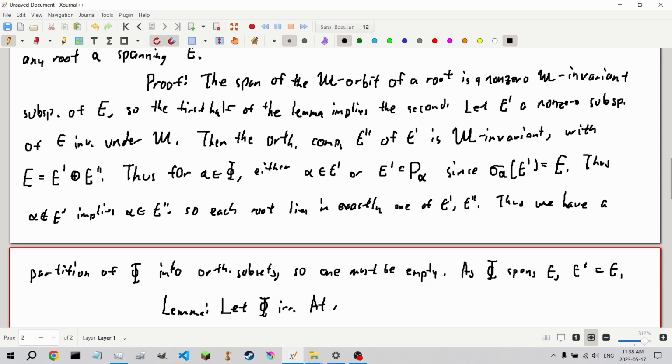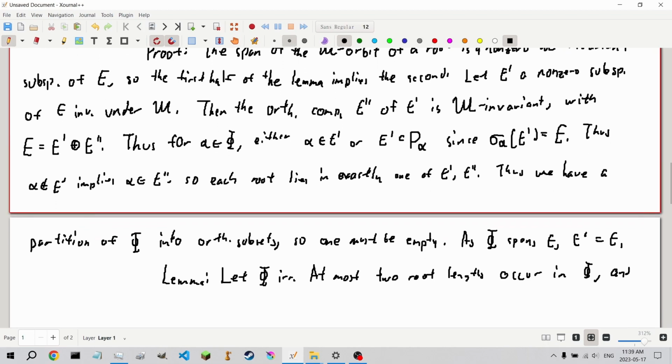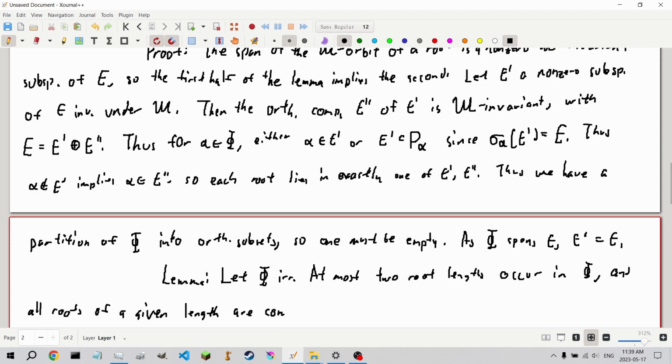Then we see that at most 2 root lengths occur in phi, and all roots of a given length are conjugate under the Weyl group.